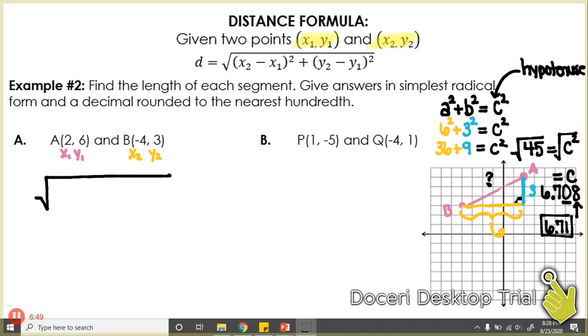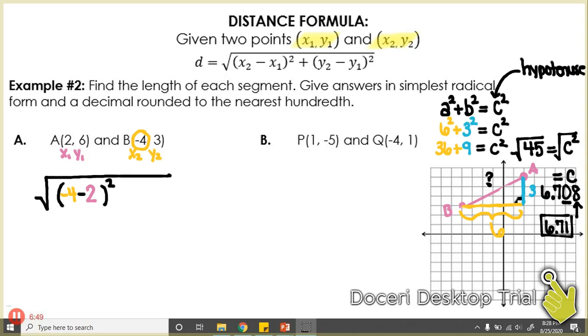and then I'm going to take the difference of my x values in this first box. So I'm going to start with x2, which is -4, and I'm always going to subtract x1, and in this case x1 is 2, and then that's always squared.